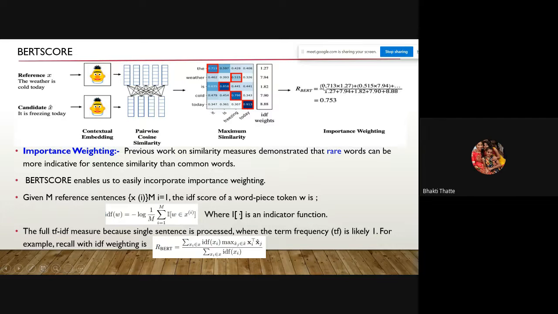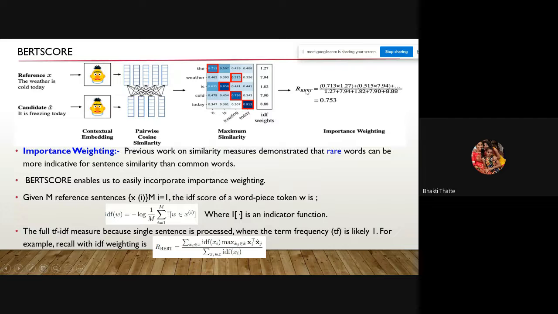RBERT will be calculated from the maximum matching, that is 0.713 into 1.27 plus 0.515 into 7.94. Similarly, it will go for the other rows and be divided by the summation of the IDF, like 1.27 plus 7.94 and so on, and finally gives us 0.753.